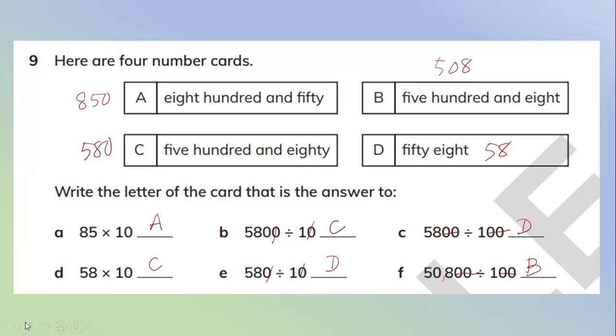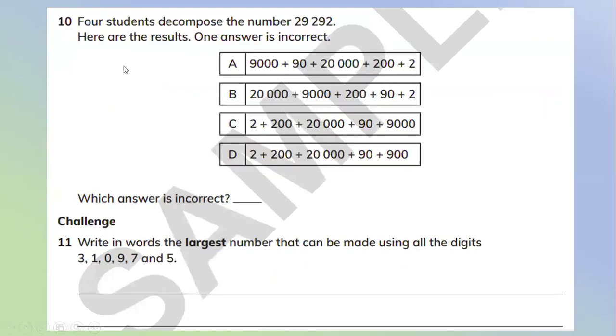Okay. Number 10. 4 students decompose the number 29,292. Here are the results. One answer is incorrect. So which answer is incorrect? We have to choose the incorrect one. So let's write down the number plus. 20,000 plus 9,292, yes, this is right. 20,000 plus 9,292.